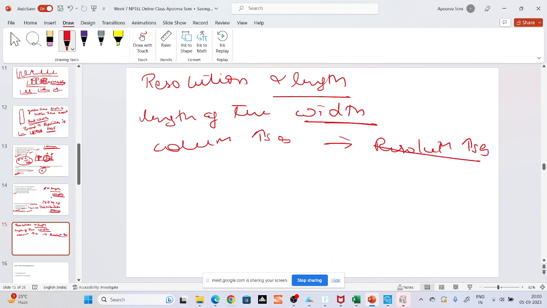That means if you have a column of this length and a column of this length, this column will have a better resolution compared to this column, because it is a smaller length column. But you cannot keep on increasing the length of the column up to any extent.